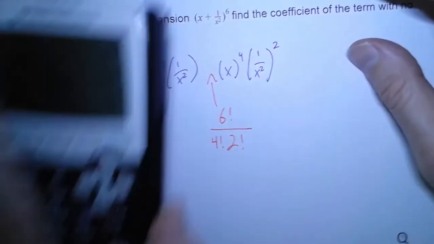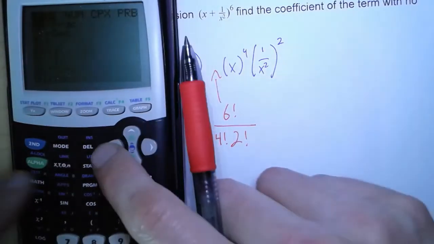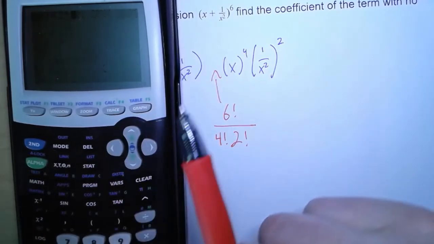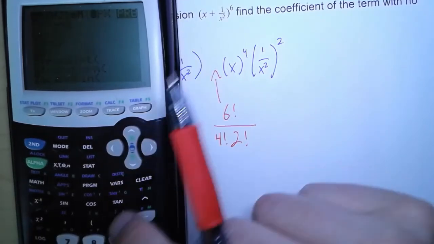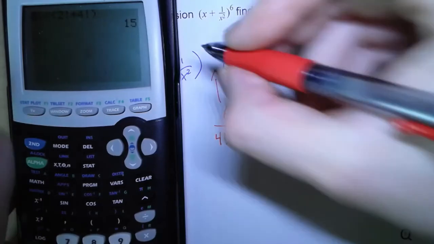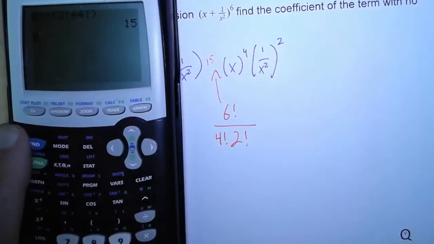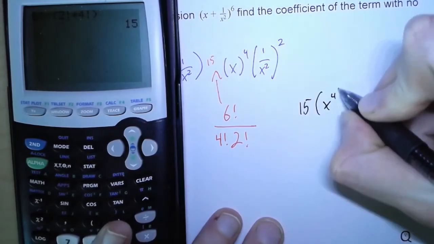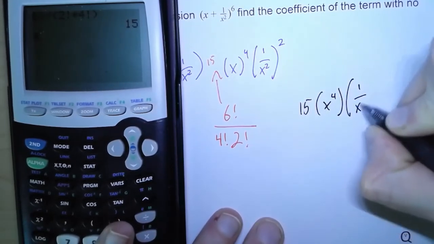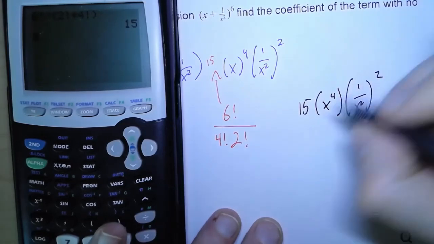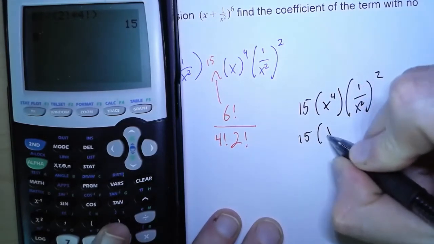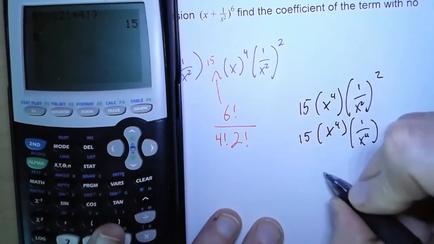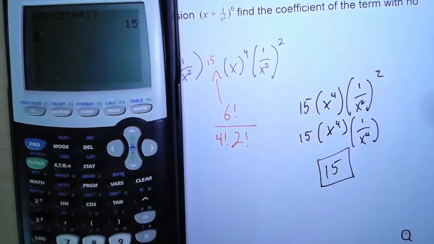So on our calculator, we take 6 factorial divided by 2 factorial times 4 factorial, and we get 15. So that's 15 times x to the fourth times 1 over x squared squared. And that's going to be 1 over x to the fourth, so they will just cancel out, leaving us with 15.